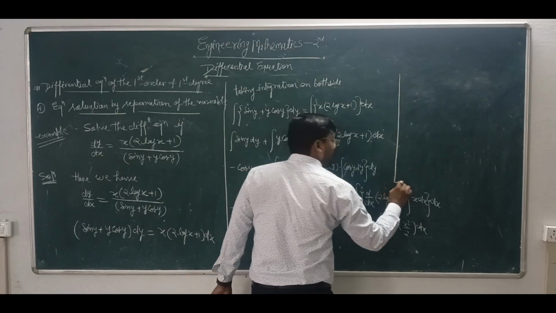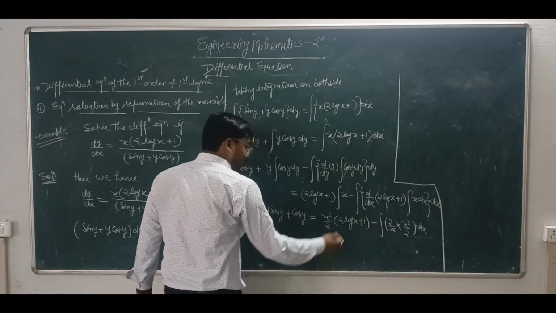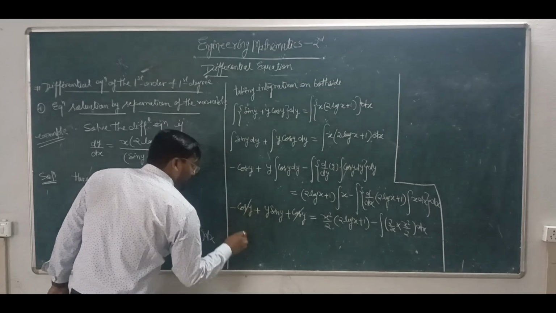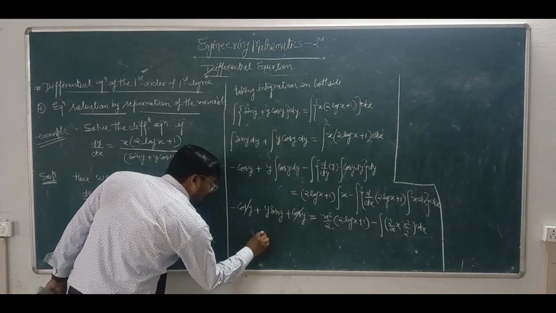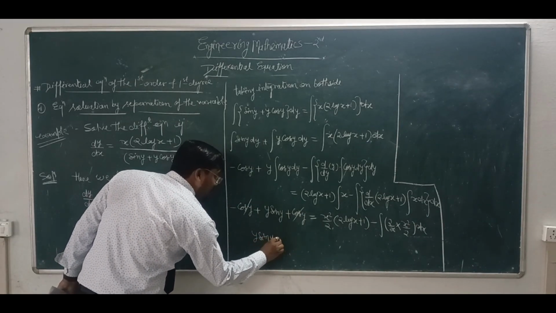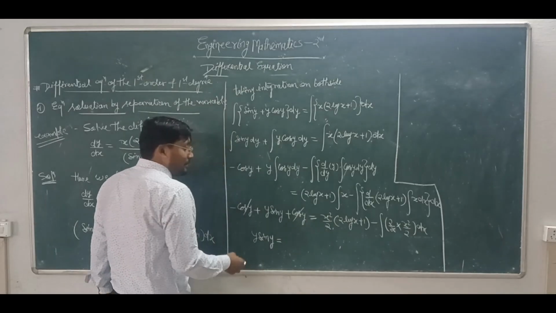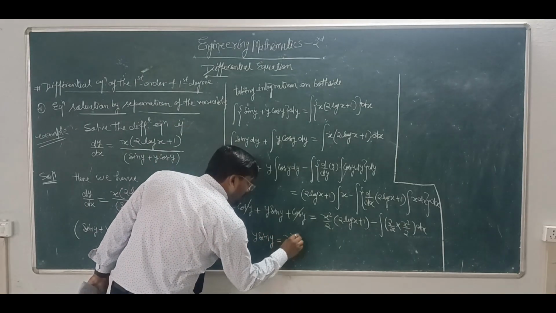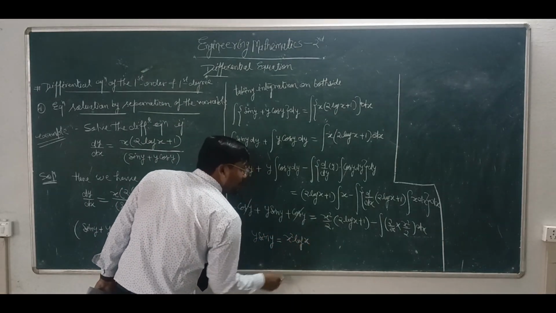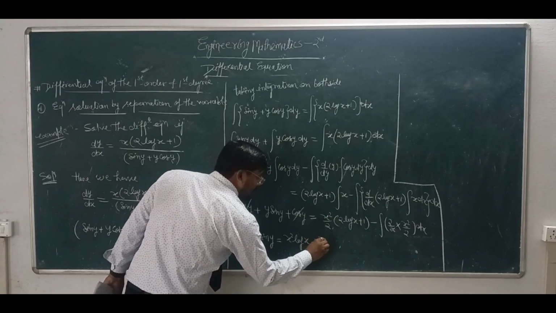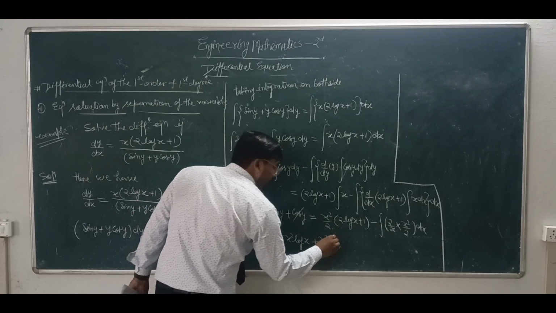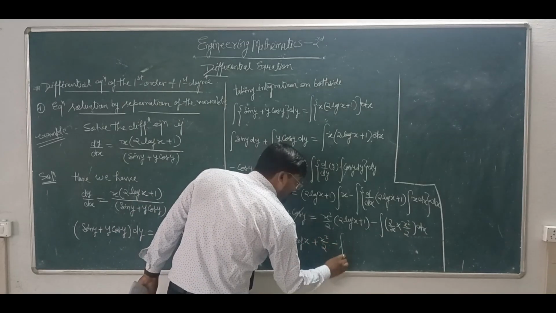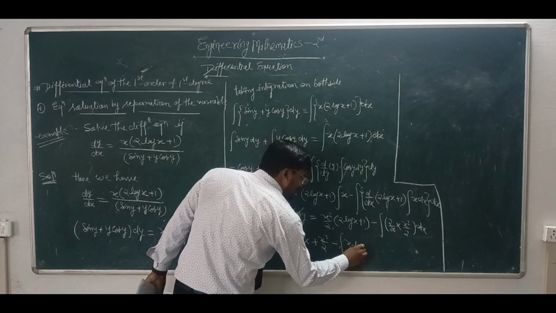Now you can write, this is cancelable, it means y sin y is equal to, now you can multiply, x square log x plus x square by 2 minus integration of x dx.